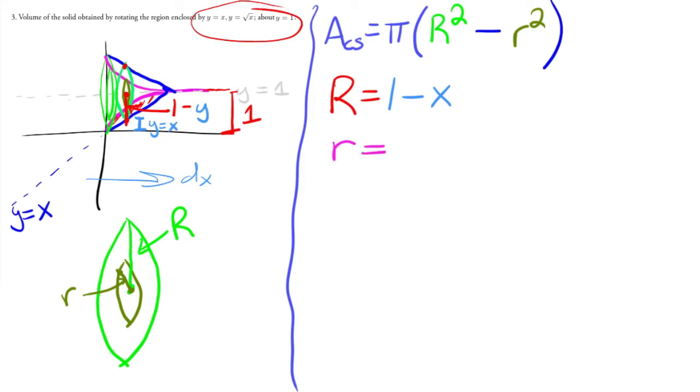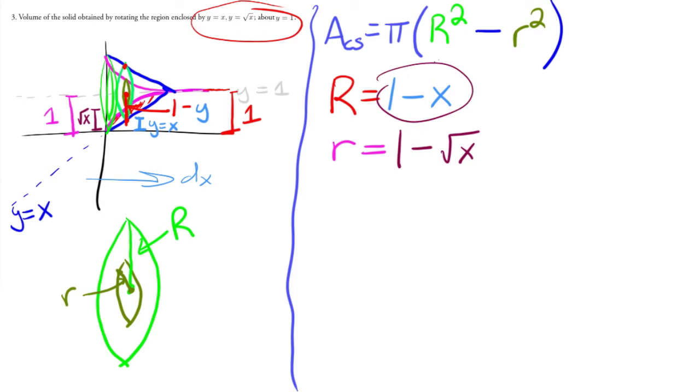It's still going to be from here to here is 1, and then you're going to take away the distance from here to here, which is going to equal y, or in this case, square root of x. So little r is going to be 1 minus the square root of x.